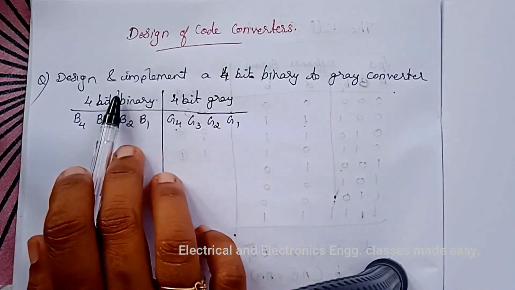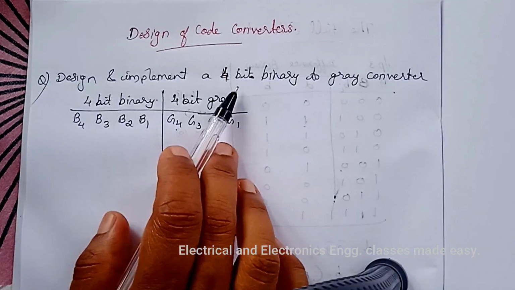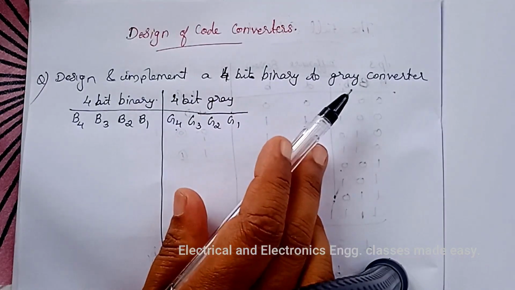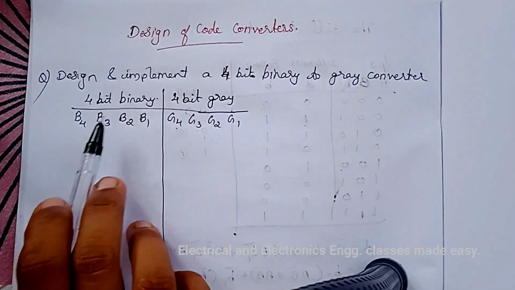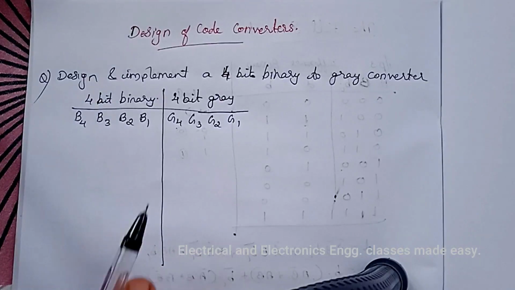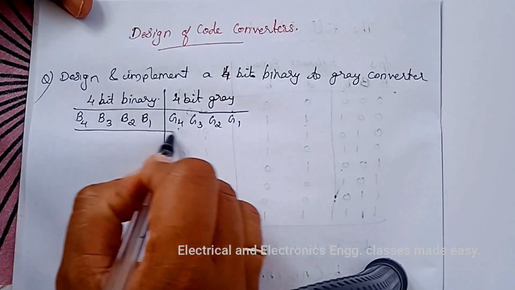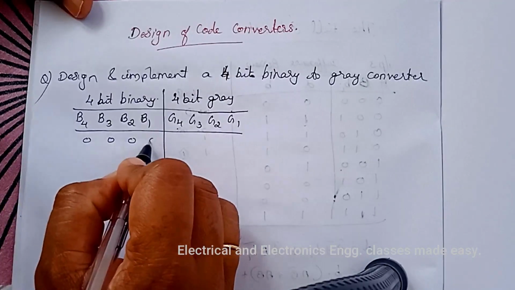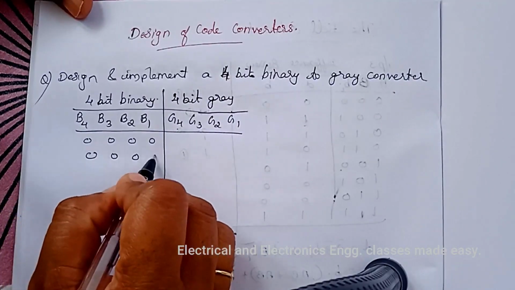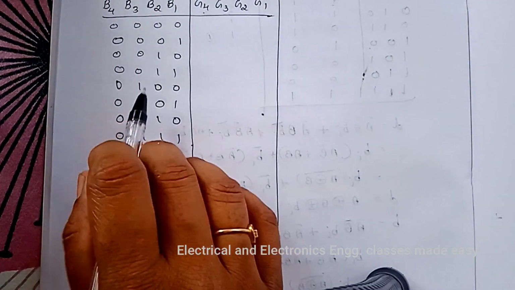So consider the design and implementation of a 4-bit binary to gray code converter. For that we have to write the 4-bit binary numbers, 0000, 0001, up to 1111.